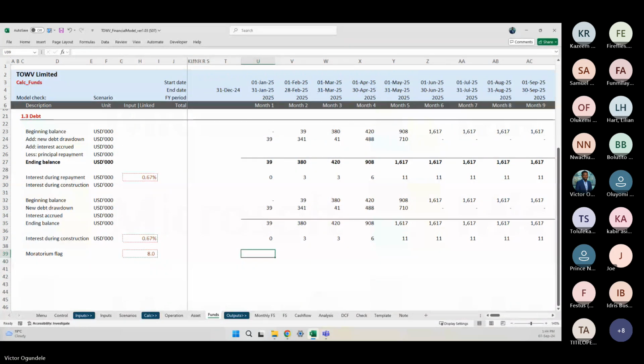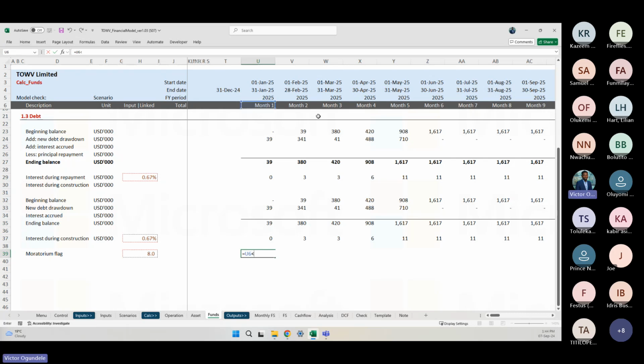Okay, we can now use our flag. So equal to my period up here. Are you greater than or equal to our moratorium period? So is it supposed to be greater or less? I think it's supposed to be the other one. So equal to my period, which I've listed, month 1 up to month 60.